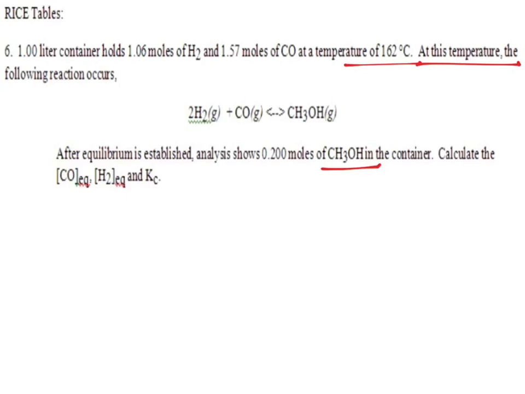Okay, so what we need to do is start out with an ICE table. In these tables, they're good for concentrations or for pressures, so we have to use molarity or pressures.